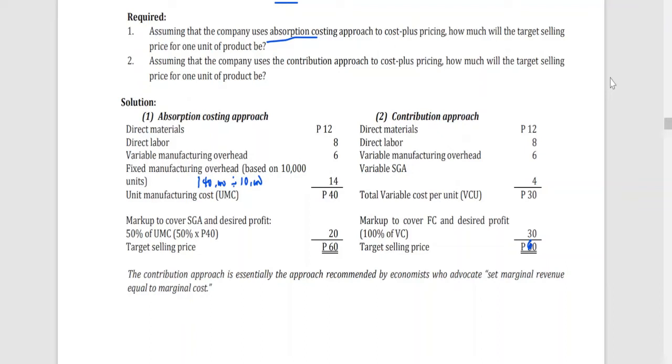So we have the note here that the contribution approach is essentially the approach recommended by economists who advocate setting marginal revenue equal to marginal cost, because the variable costs are those that are dependent on the sales or production. So the more you produce, the more would be your variable cost. So most likely, the marginal costs would be those that are variable.